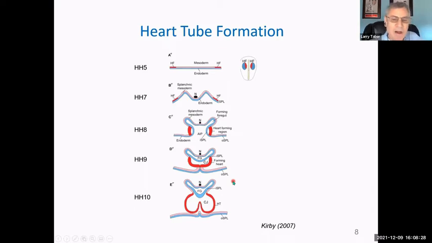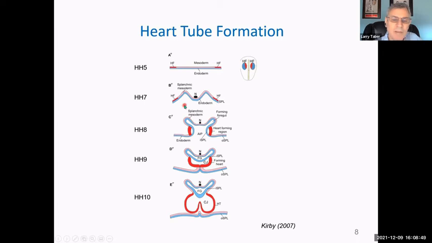So the heart first forms from a membrane called the splanchnopleure, which consists of a layer of mesoderm attached to a layer of endoderm. The primitive heart fields are in these dark red regions on both sides of the mesoderm, and this is what the heart fields look like looking from above.